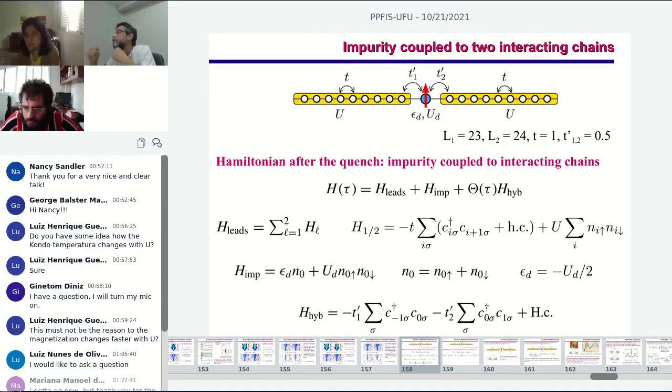Yes, it was one of our ideas, but we didn't get there. This work started when Elena was a student of mine, so we started this like 3 or 4 years ago. And then we wanted to understand better the behavior with U_d and U. So for some time we didn't publish these results, only the numerical results.